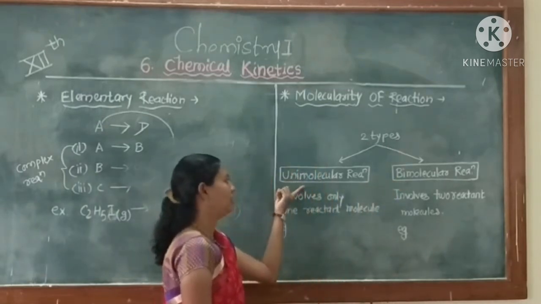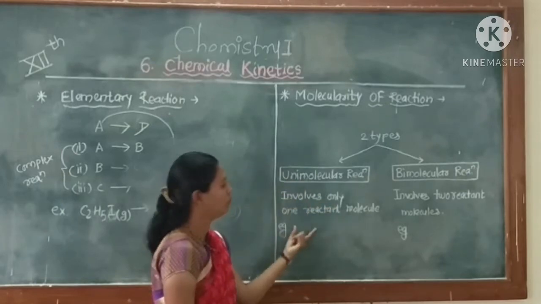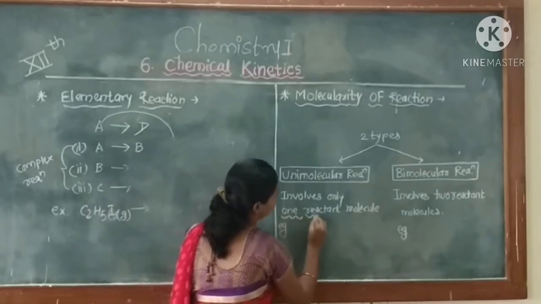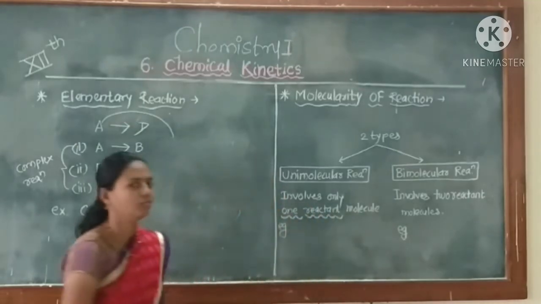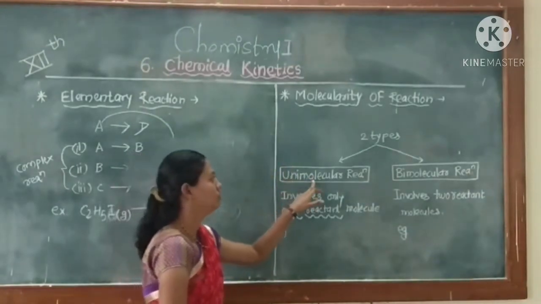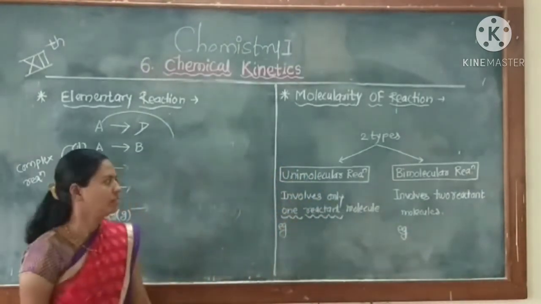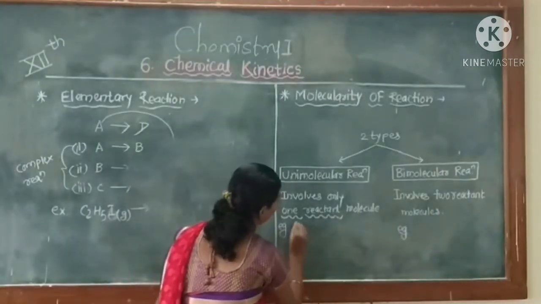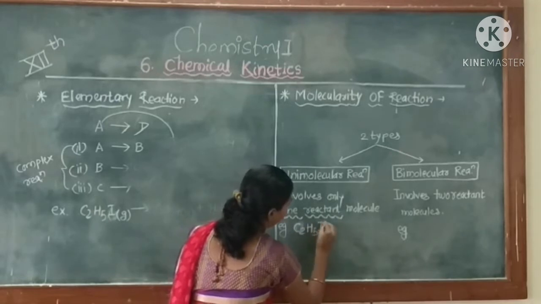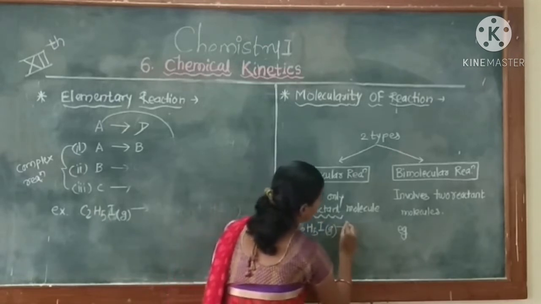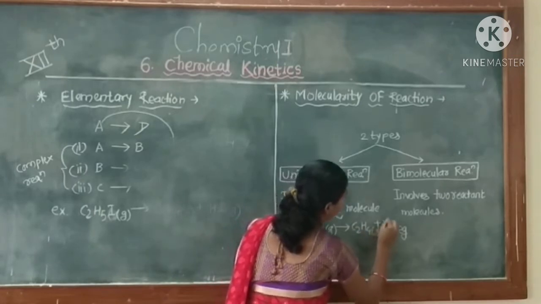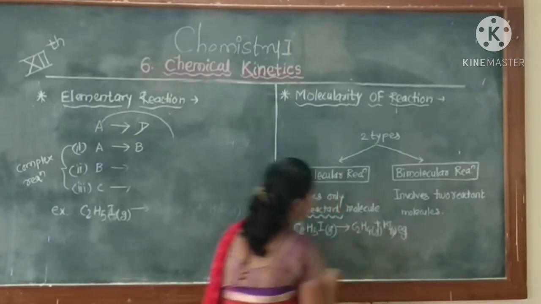In a unimolecular reaction, there is involvement of only one reactant molecule. If only one reactant molecule takes part in a reaction, it is called a unimolecular reaction. For example, ethyl iodide gas gives ethene molecule plus hydrogen iodide gas.